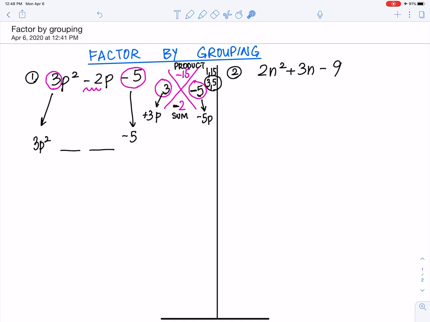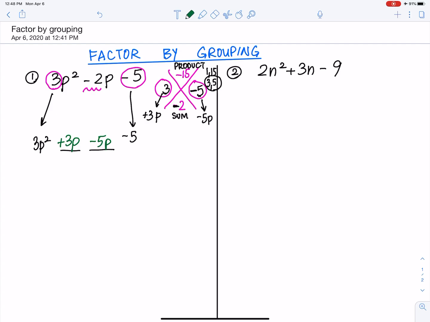Well, one thing you need to remember, the terms next to each other have to have a GCF. They have to have a common factor. So if you look here, 3 works better with 3 here, and 5 works better with 5 here. So that tells us how to set it up. So let's put positive 3p here, and let's put negative 5p here.